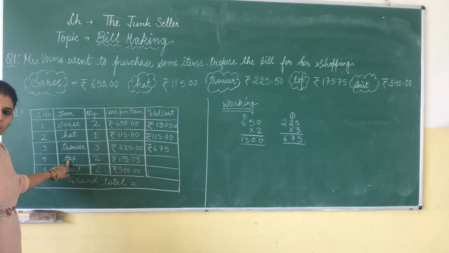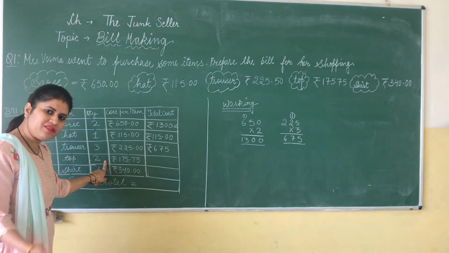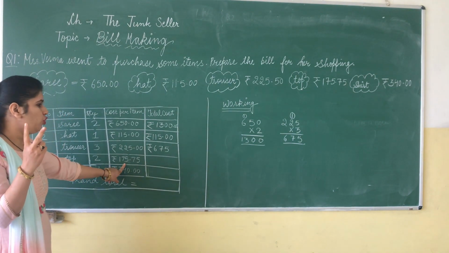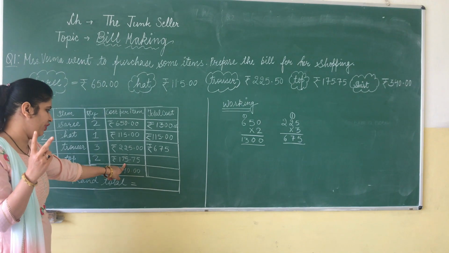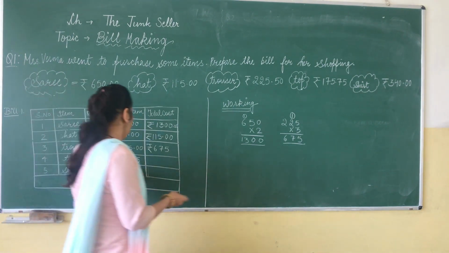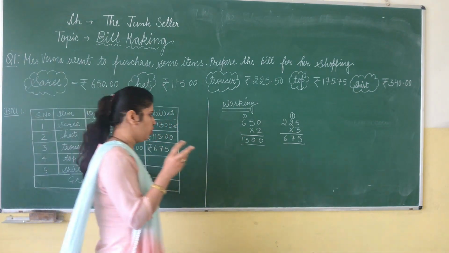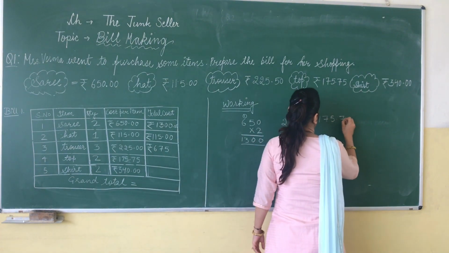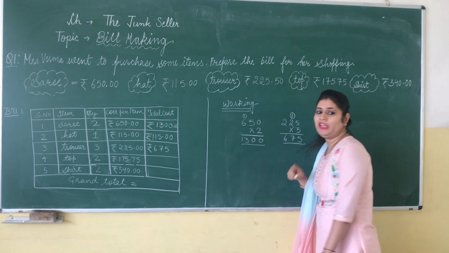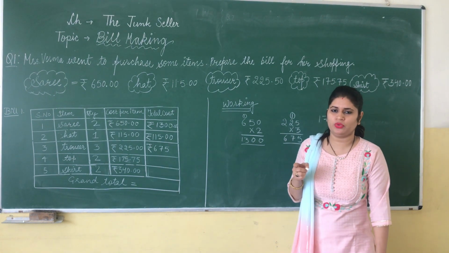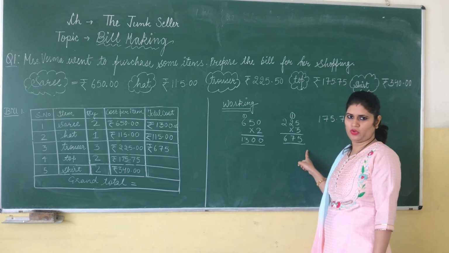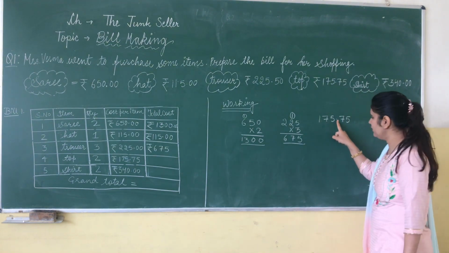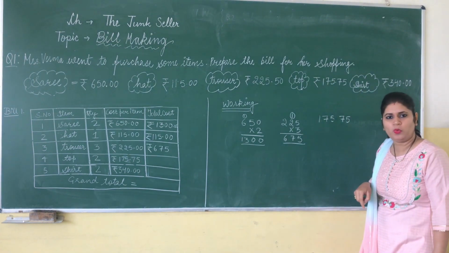Next, top. How many tops has she purchased? 2 tops and cost per top is 175.75. We need to find the cost of 2 tops. So what we need to do? We need to multiply. In a previous video, I have told you how to multiply. Here is a decimal, we need to remove this point.